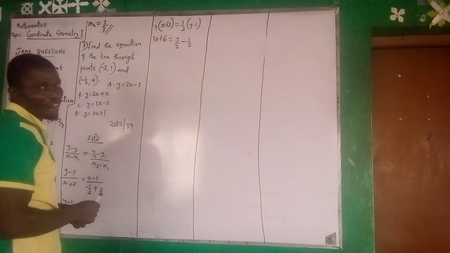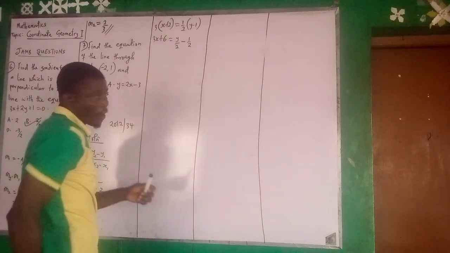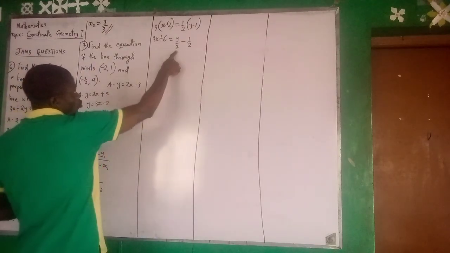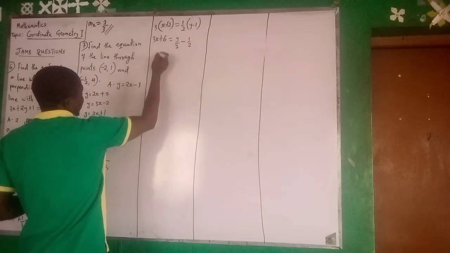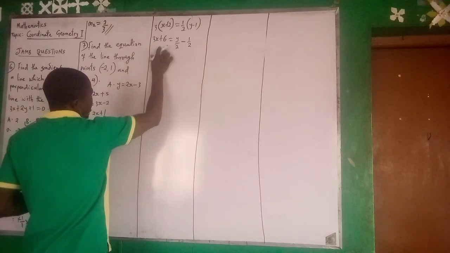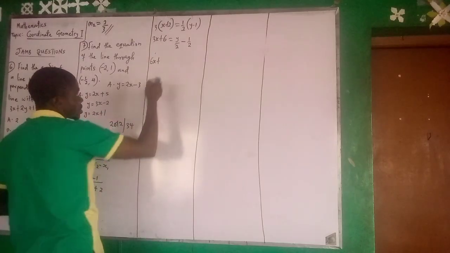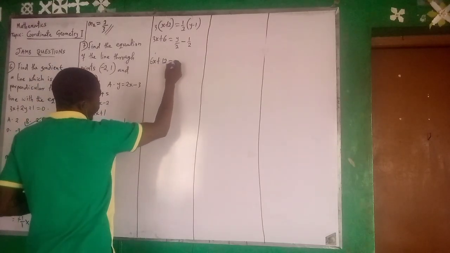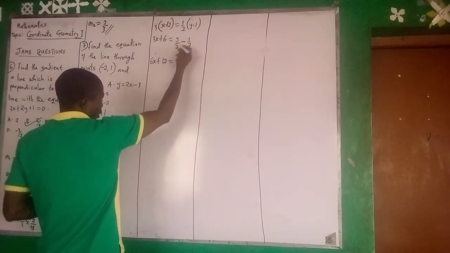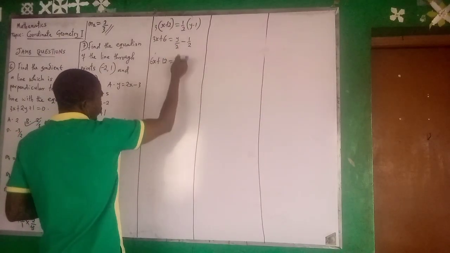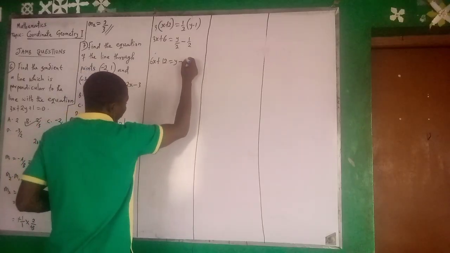Now I want to clear the fraction. Let me use the LCM, which is 2, and multiply all through. Alright? So use 2 to multiply everything. So 2 times 3x is 6x, plus 2 times 6 is 12, equal to, I'm multiplying 2 by y, then 2 divides 2, y remains, minus 1.